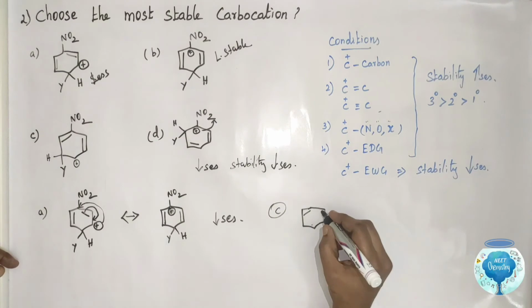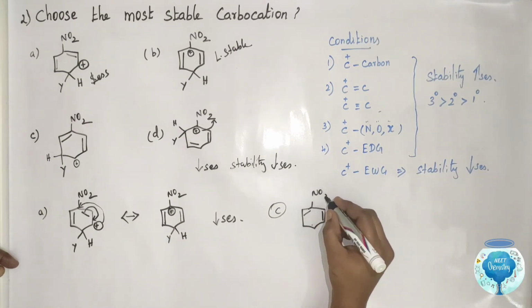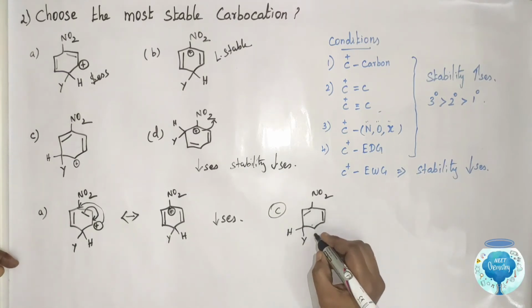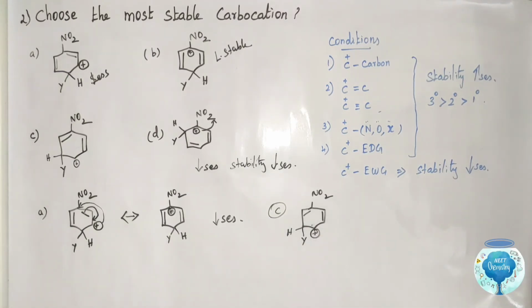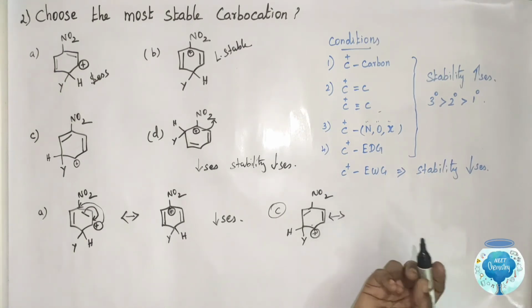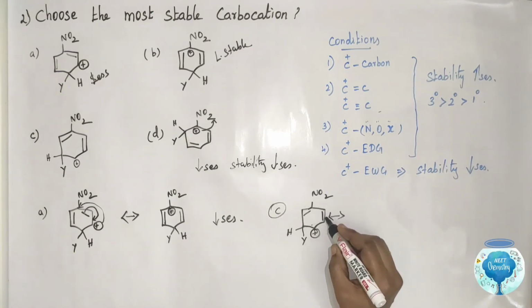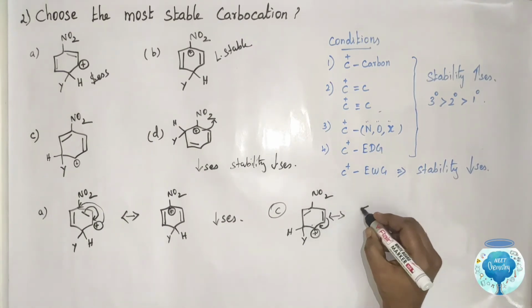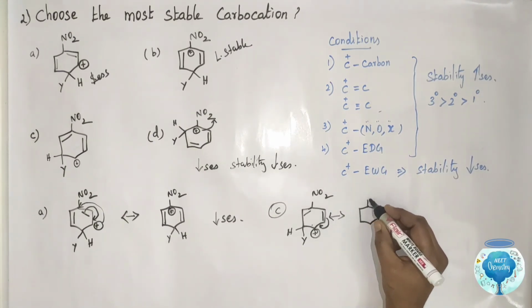Option C structure is this. We apply the resonance effect. We shift this electron to here. This charge also shifts to that position.